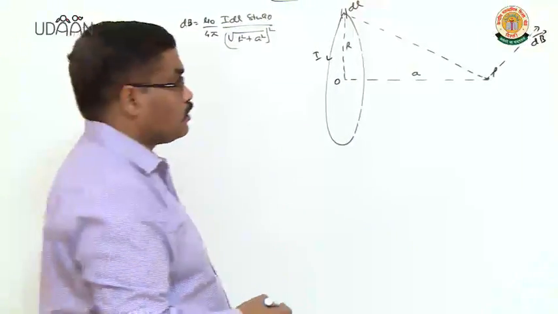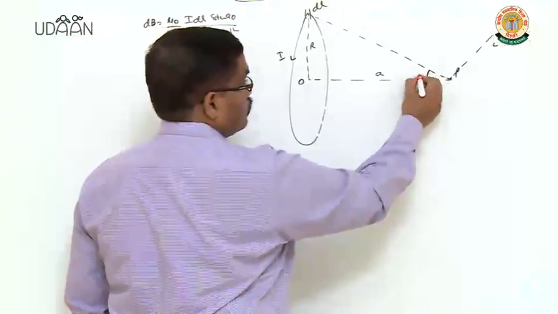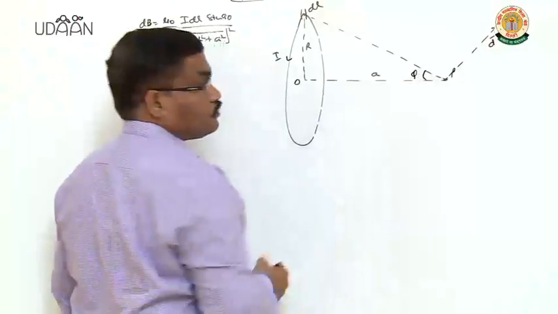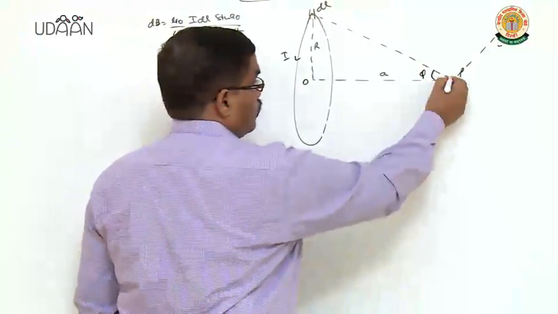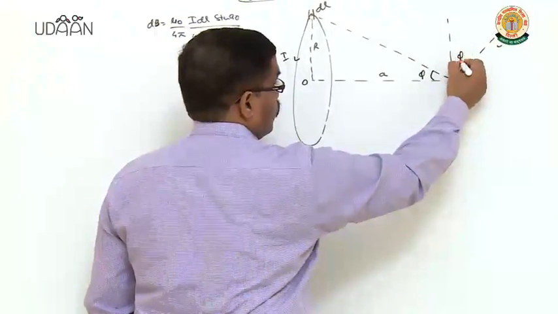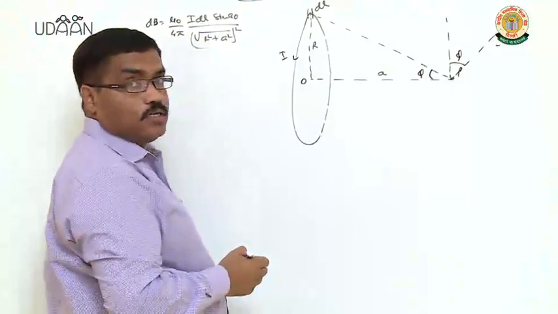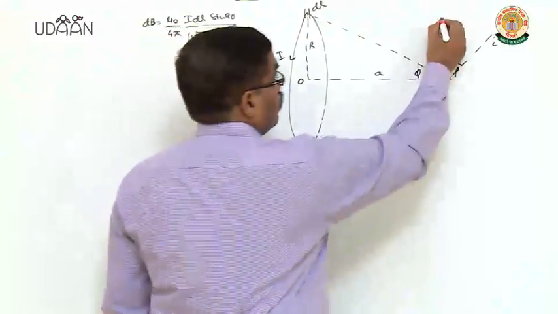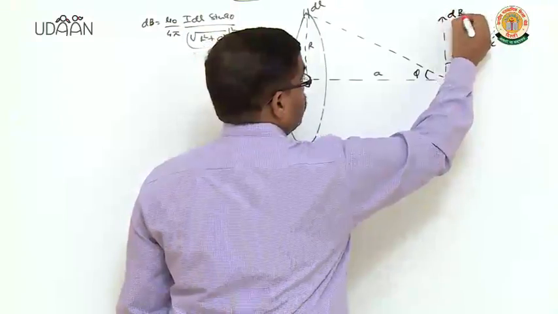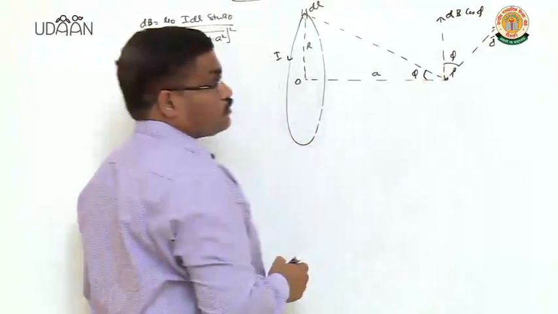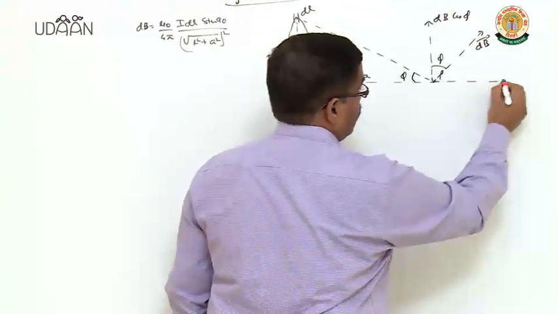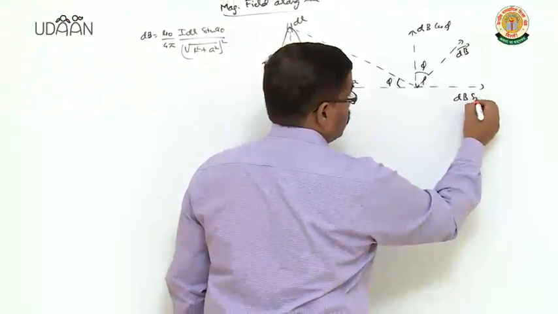Now if I take this angle to be say phi, then this angle also will be phi. Now if I resolve dB into two components, along this direction I have dB cos phi and along this direction I have dB sin phi.